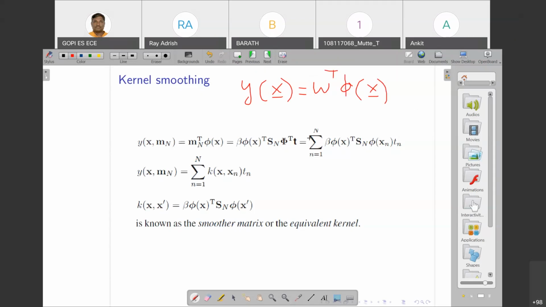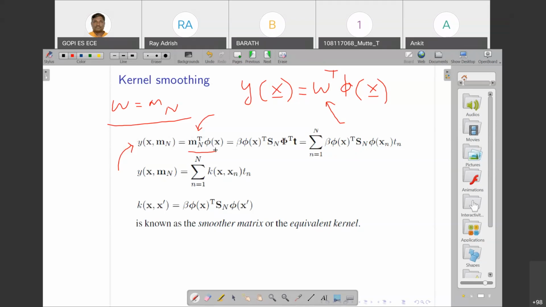Now using this Bayes, you are going to replace this W with Mn, the expression which we discussed in the previous class. So you have y of x, where in place of W it is now replaced with Mn transpose phi of x.